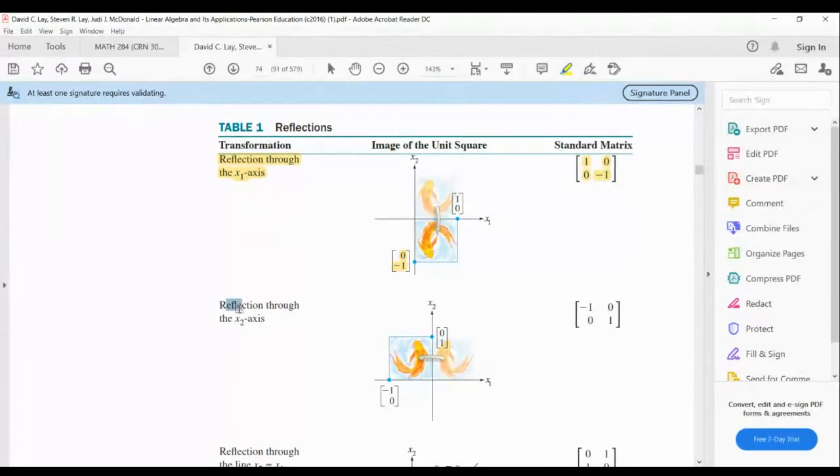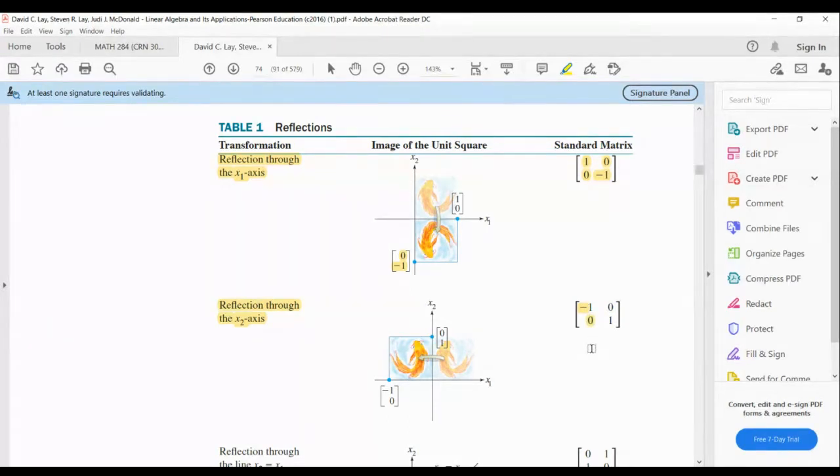If you were to look at reflection through the x2 axis, let's look at that. The 1, 0 vector gets mapped to the -1, 0 vector, right? You're reflecting that vector about the x2 axis.